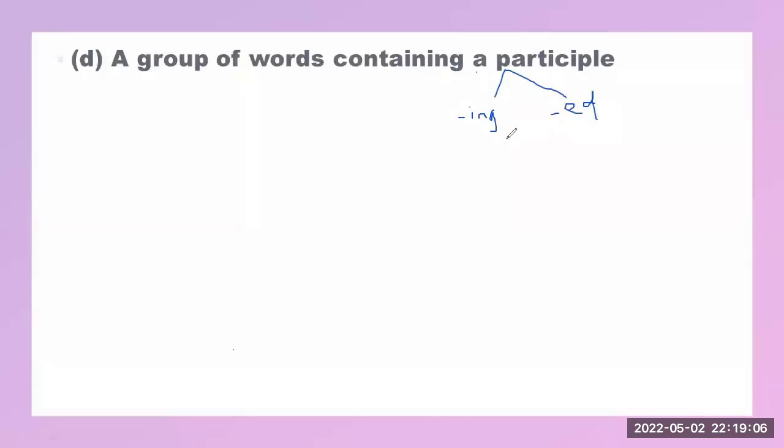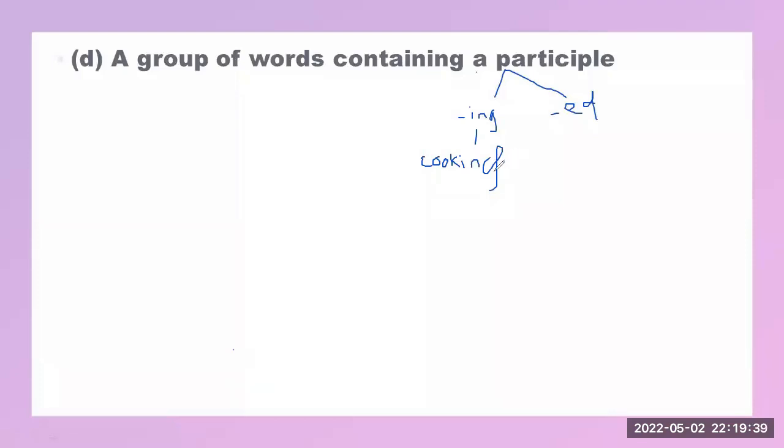All right, so for example here, if you look at the word cooking, that has an ing, and of course a participle is a verb form that is used as an adjective.